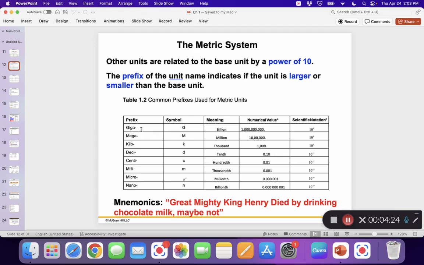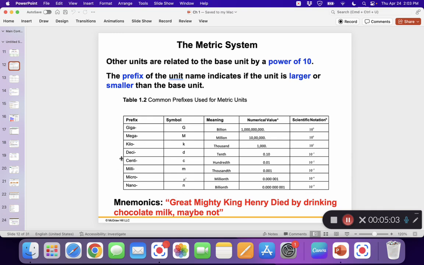A gigameter is 10 to the power 9 meters. Similarly, on the smaller side, deci, centi, milli, micro, and nano are generally used. As the prefix sounds, centi means 100 times smaller than the base unit. Milli is 1000 times smaller, so we write 10 to the power minus 3, micro is 10 to the power minus 6, and nano is 10 to the power minus 9.